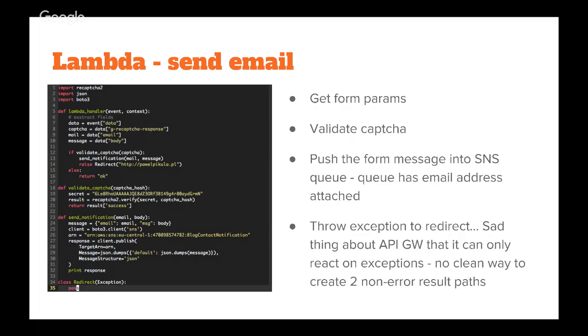And there's a funny thing with exceptions. You can see the redirect exception. The only way to force API Gateway to return a different response than the default, like different than 200, is to use an exception. There's no way to control this flow by return value. You need to use an exception. That's weird.